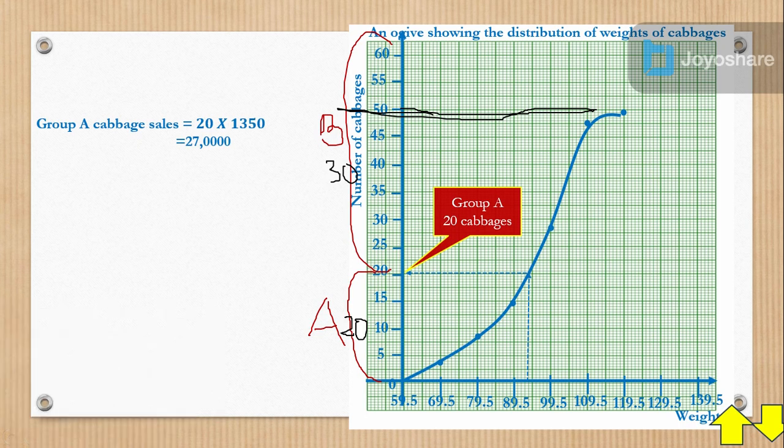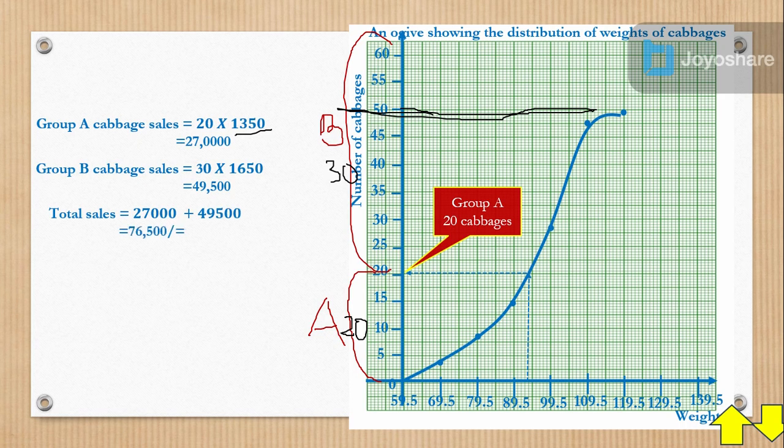We do the same for group B. The cost was 30 times 1650. I've explained that. That gives you 49,500. Now the total will be 27,000 for group A plus 49,500 for group B. So the total will be 76,500. That was the buying price.